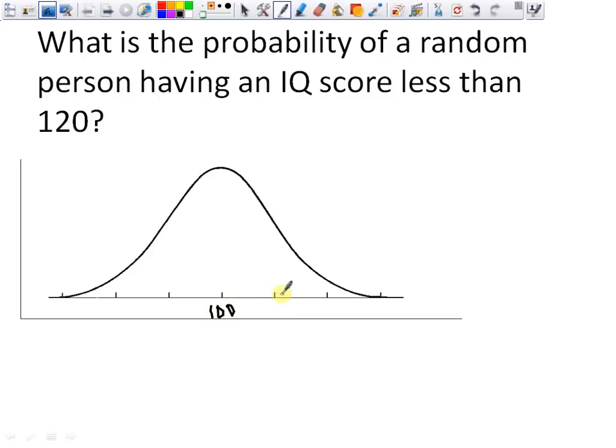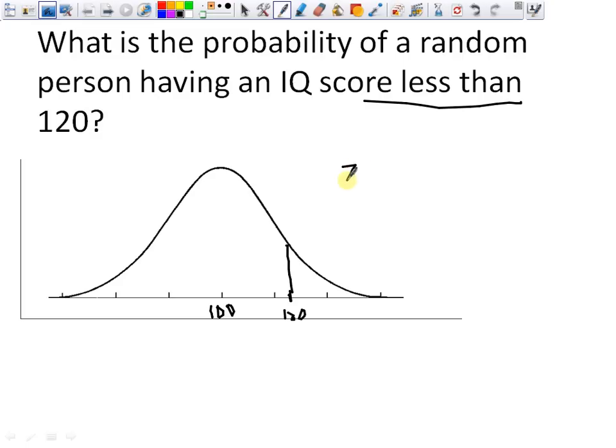We know this is 115, this is 130, so 120 lies around here. We want the area to the left. So we can't use the empirical rule this time.